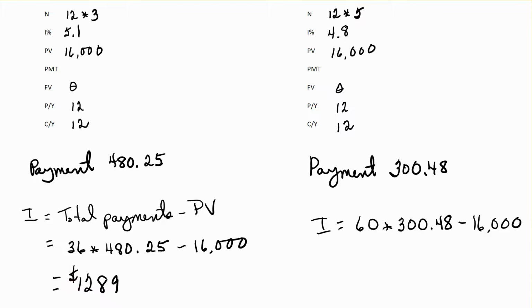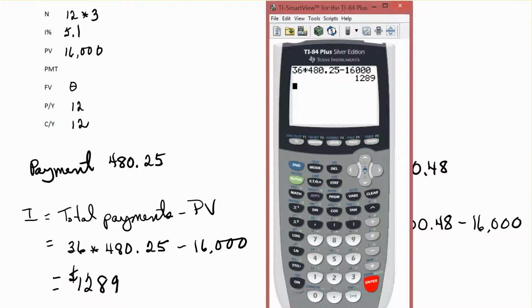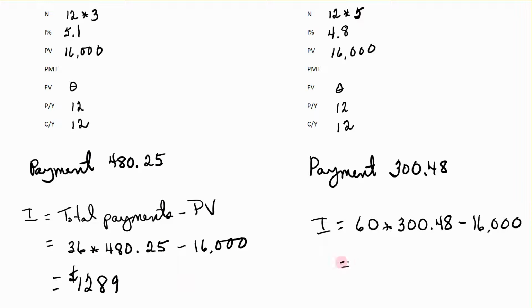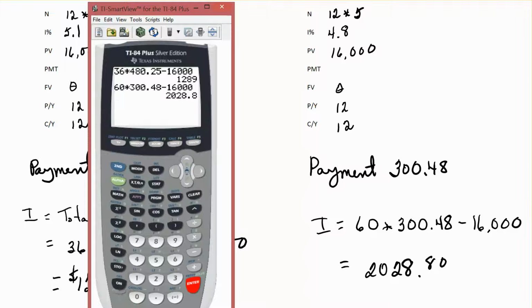Now, I have 60 times the payment, which was 300.48, minus present value, 16,000. And I have $2,028.80. Let me double check that. Yes.